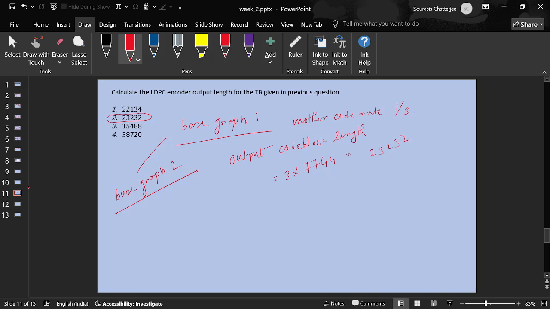It depends on the mother code rate. So what is the mother code rate for base graph 2? Compared to base graph 1, is it going to be more or less?